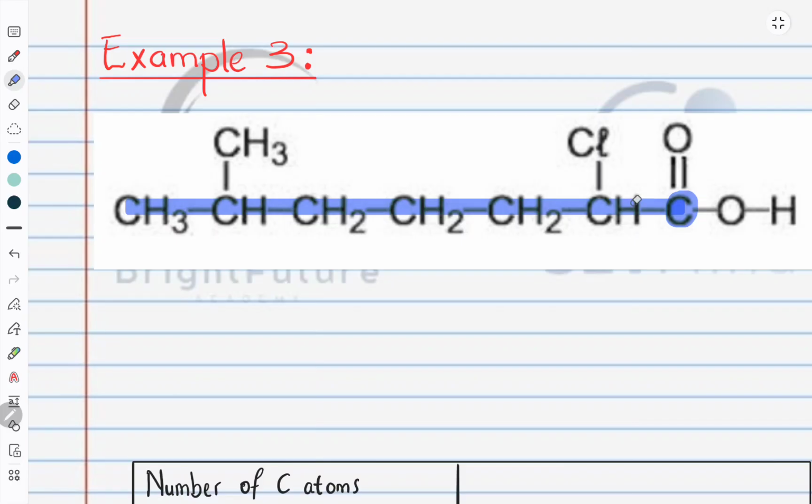Now what if I go 1, 2, 3, 4, 5, 6? I still get 7. So I will opt for the straight chain. Convenience, right? It's easy for me to see it. Of course, you can opt for the branched one. It won't change the naming whatsoever. It will still be the same thing. All right, so that's my main chain. Let me mark it.